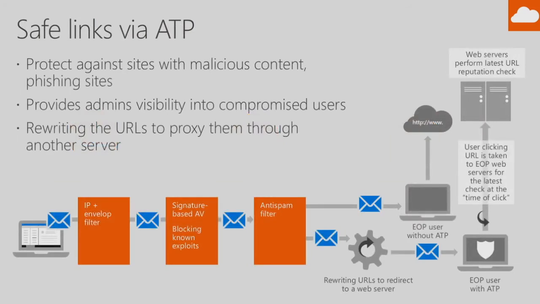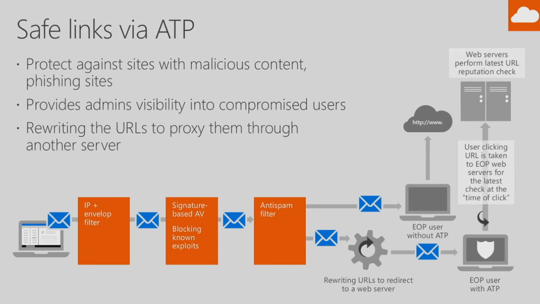Other than MFA, we have a couple of other cool features. One, this is part of the E5, again, the compliance suite. It's called ATP, Advanced Threat Protection. There are two components of ATP. So ATP protects you against clicking the malicious links and getting phished. There is an algorithm that runs which determines whether the email links that you're getting are safe or not.